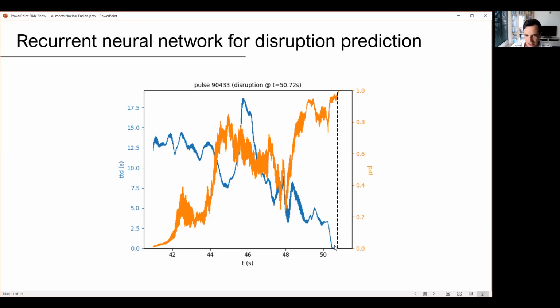I won't go into the details, but one way is to puff gas into the machine to make it, let's say, a not so strong disruption, to spare the parts and components that will be hit by the disruption.